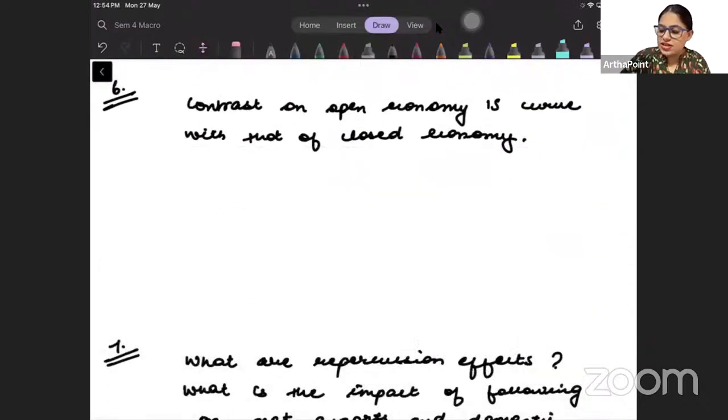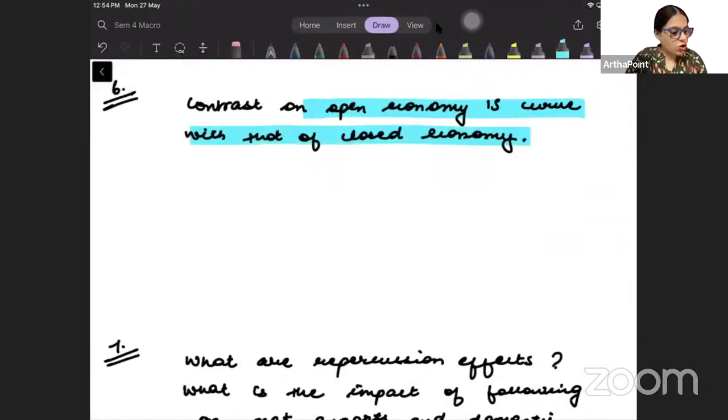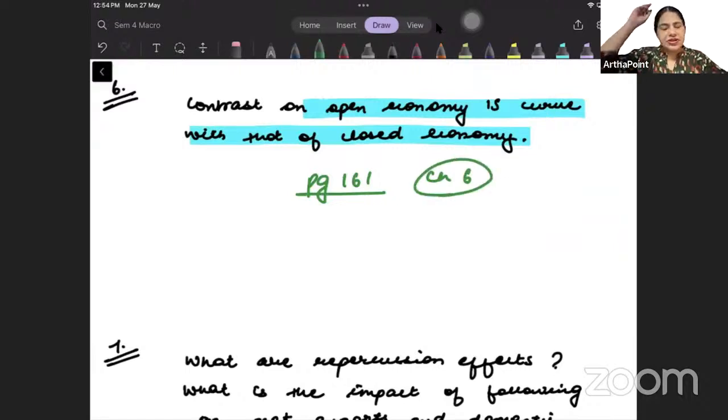Okay, come to the next question. It says contrast an open economy IS curve with a closed economy IS curve. But the answer to this question is on page 161 of chapter 6.